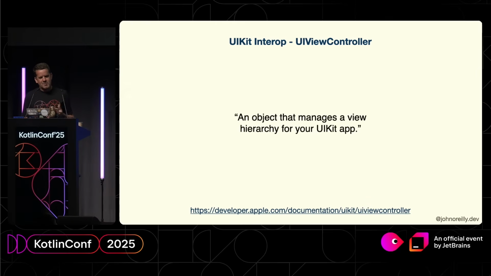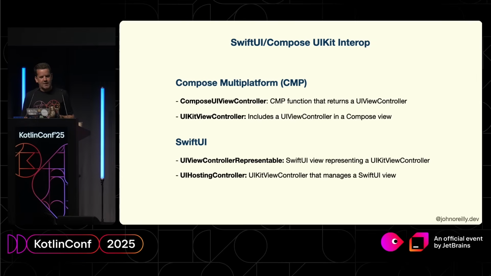It's defined simply as an object that manages a view hierarchy for your UIKit app. So these are the key UIKit-related classes that Compose Multiplatform and SwiftUI provide to allow us to implement that interop, based on using that UIViewController object as a bridge.